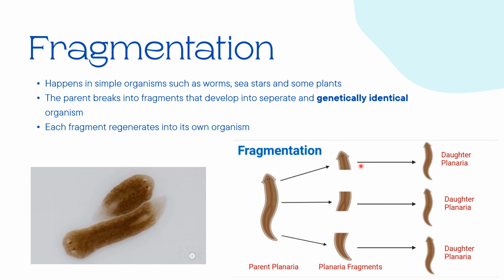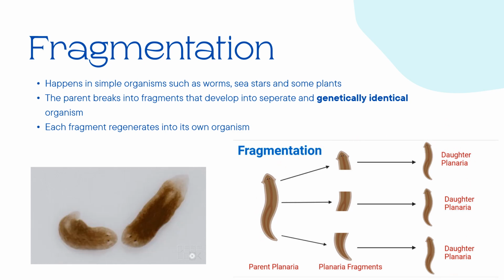And then each of these three parts is going to regenerate into a whole organism. So each part will grow into a full organism. And now you have three daughter planaria, all genetically identical to this parent. These organisms, I think, are pretty cute, as you can see from this video of them moving around. Again, I've got another video of some sea stars that are reproducing via fragmentation.